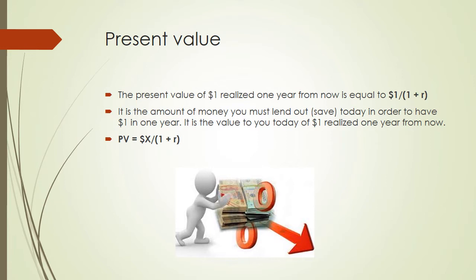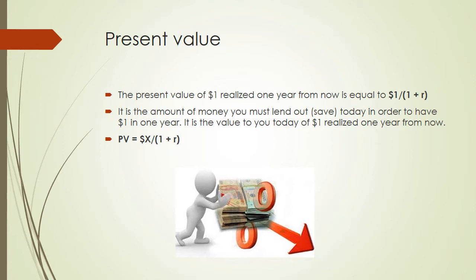It is the value to you today of $1 realized 1 year from now. So what we're saying is present value is we're going to figure out, all right, if I give you $1 1 year from now, how much is that equal to right now today? So we can make that decision of whether or not to take the money that I offer you. So present value equals X dollars divided by 1 plus R, R being the interest rate.